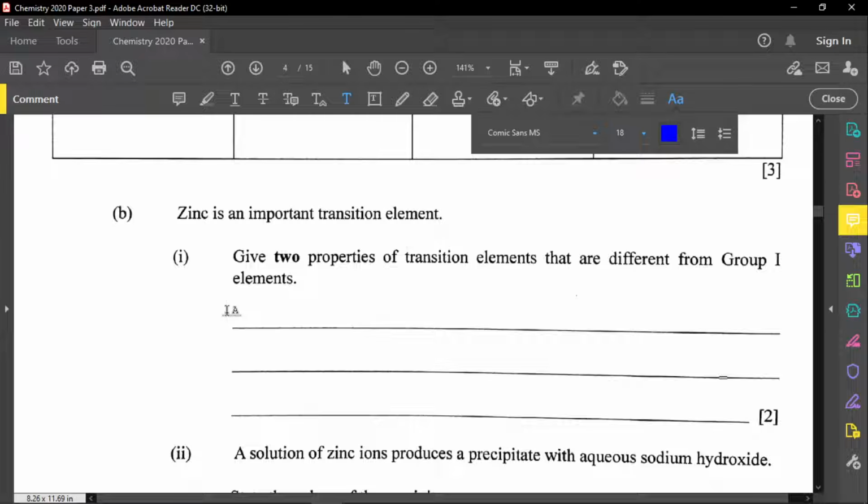One important property about transition metals is that they exhibit more than one oxidation state. Group 1 elements will only have a positive 1.